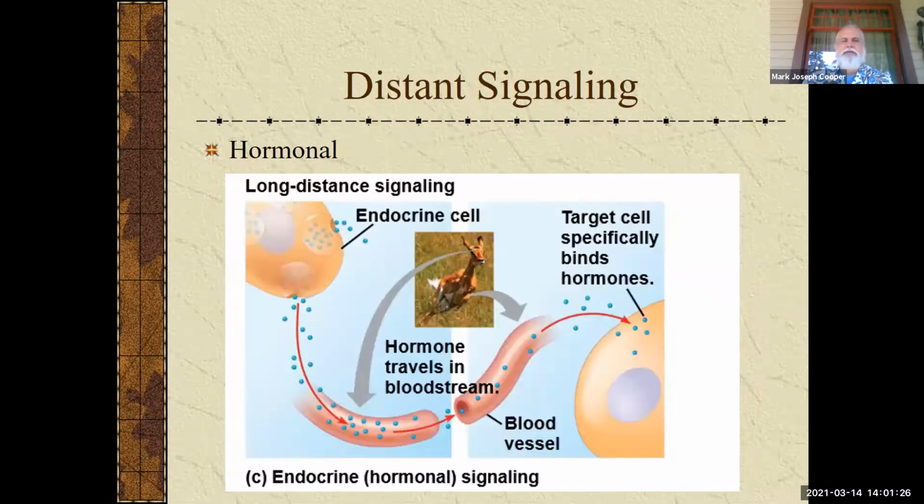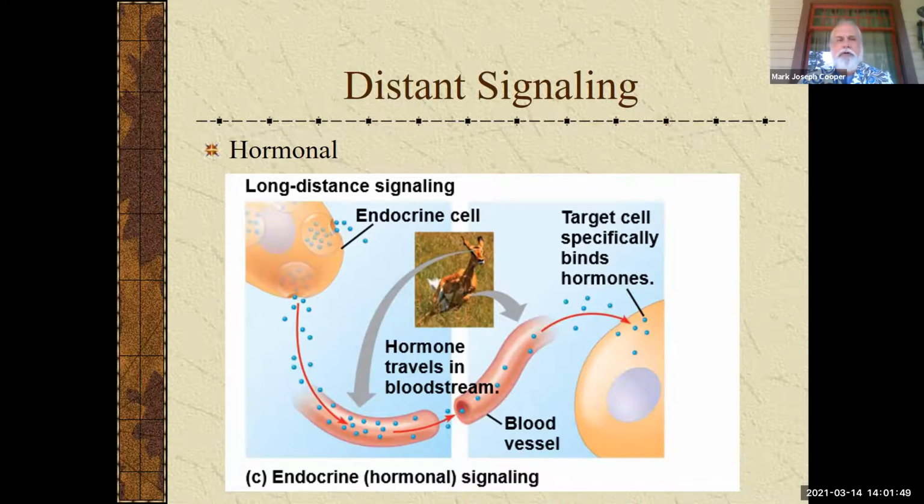All right, and then the last one is distance signaling, and this is hormone. This is where you have an endocrine cell or gland that releases hormones, and they travel, typically through your circulatory system, and then they work somewhere else.